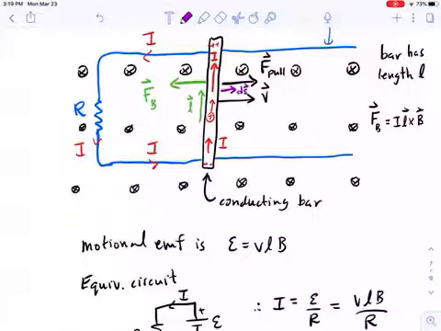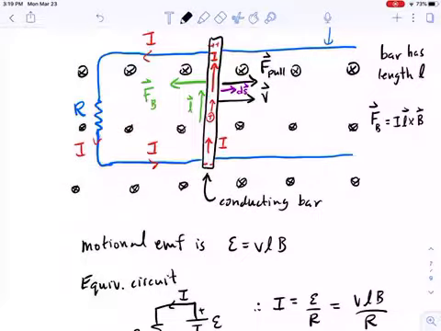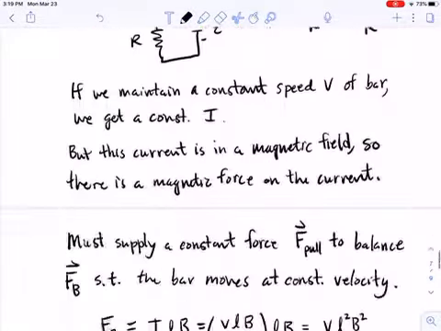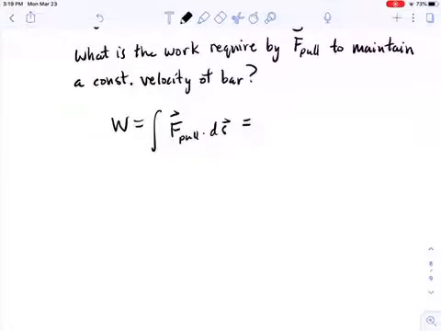So this is our ds. And we have a simple case where F pull and ds are parallel. So this is equal to just the magnitude of F pull times the magnitude of ds, since F pull is parallel to ds.